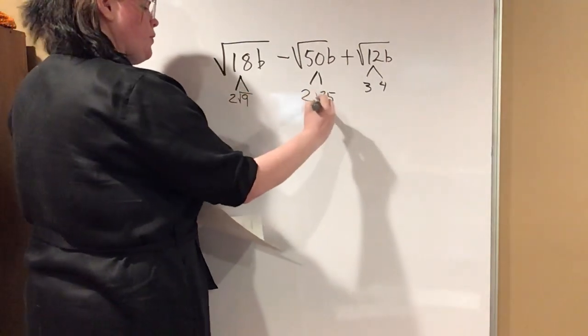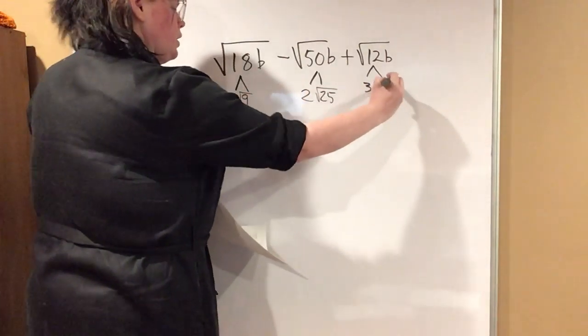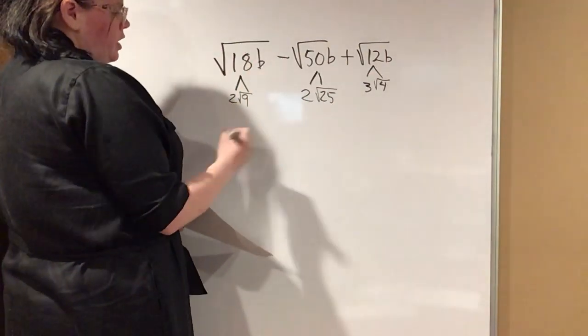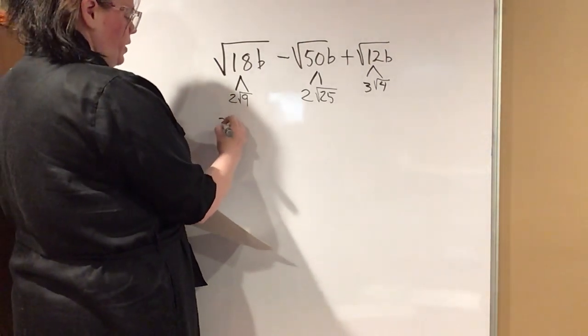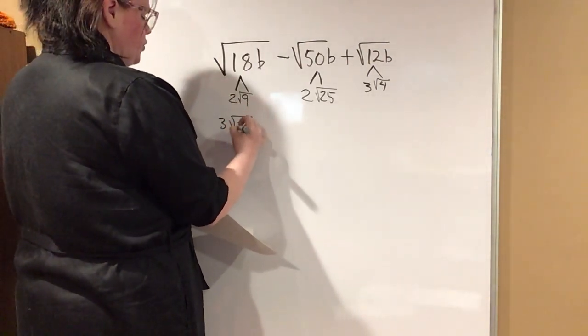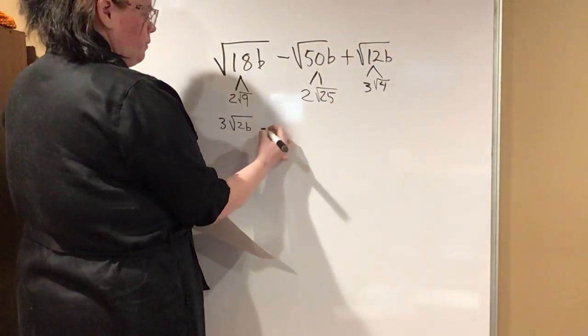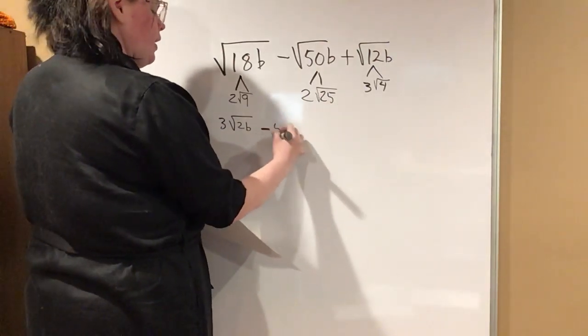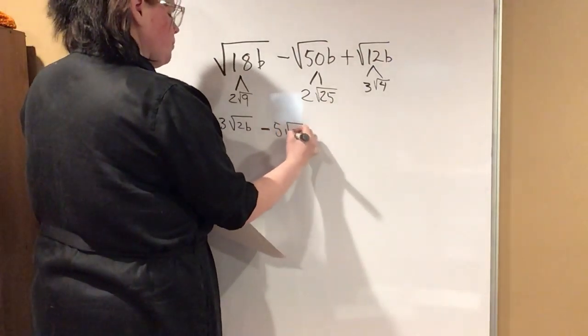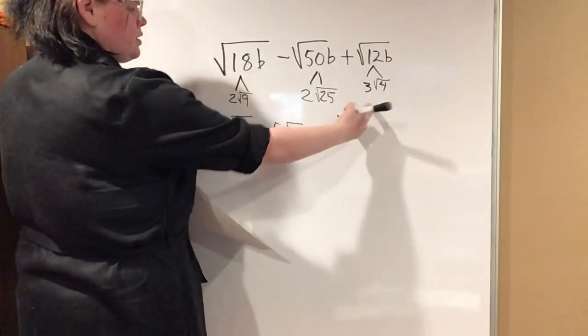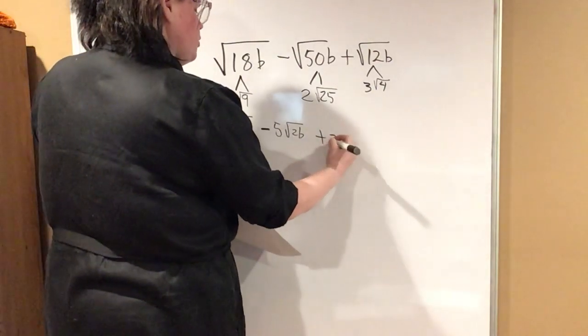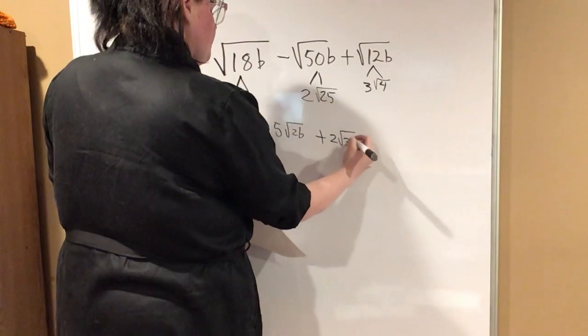One here, one here, one here. So this now cuts down to 3 square roots of 2b minus 5 square roots of 2b, and this cuts down to plus 2 square roots of 3b.